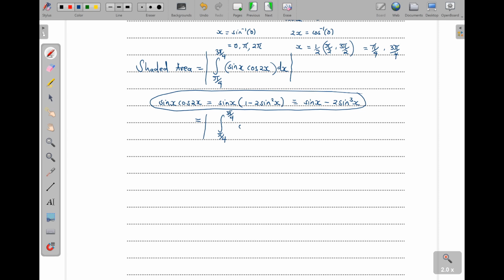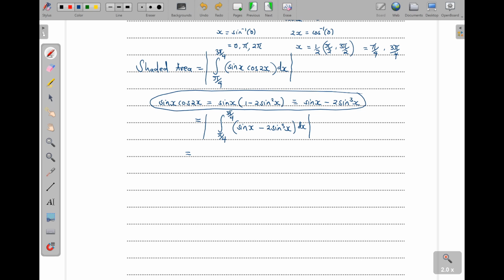We shall have sine of x and then minus 2 sine cubed of x, like that, with respect to x. Okay, now in integration, if you find the odd power of sine, or odd power of cosine, you split them, using the Pythagorean identity.